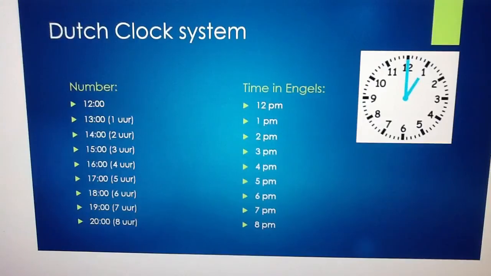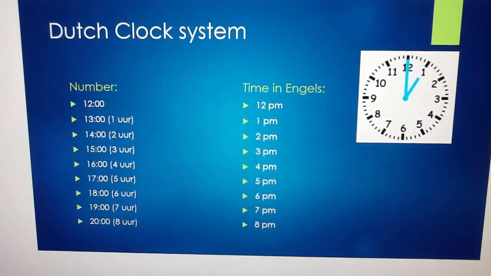So we say the number the English way, like 1 uur, not 13 uur. But we write it differently. So this is something that you really need to learn, or I guess accept, because it's rather easy, but it's a bit different than the English system.